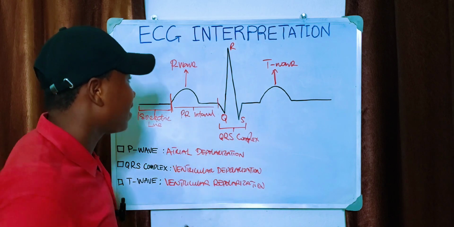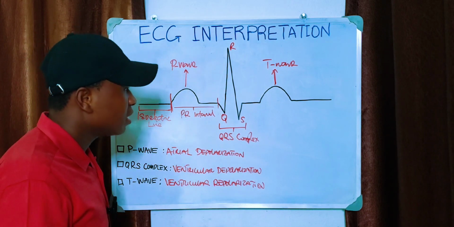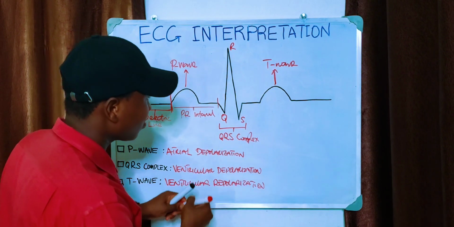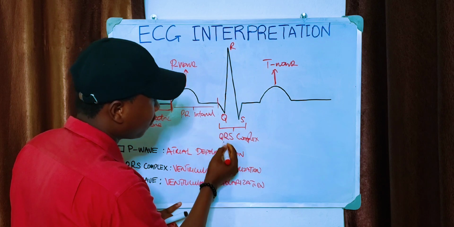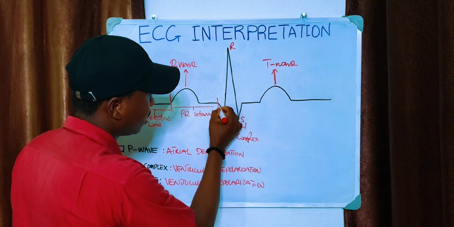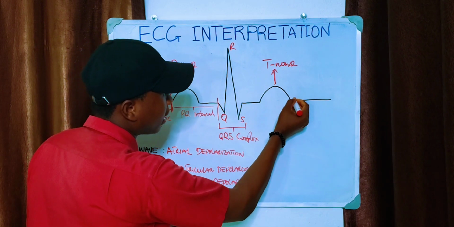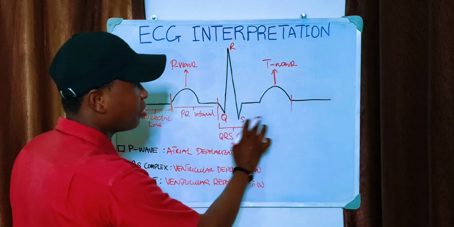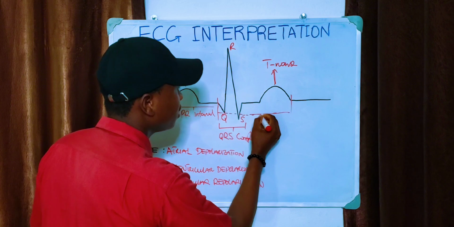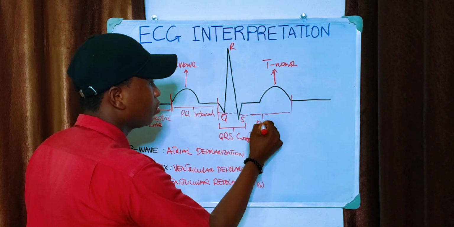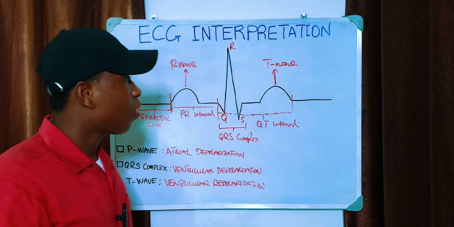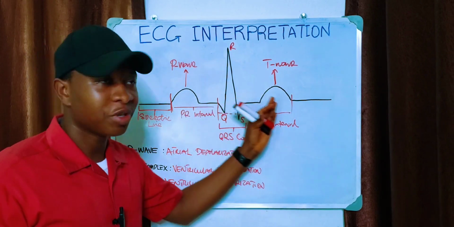Now we also have another important interval. That interval is the QT interval. It starts from the beginning of the Q, from here, and stops here, at the end of the T. This stands for the interval of the contraction and relaxation of the ventricles.